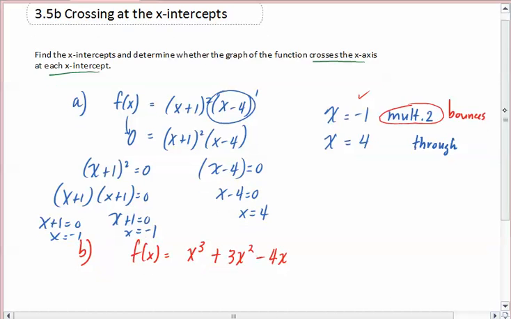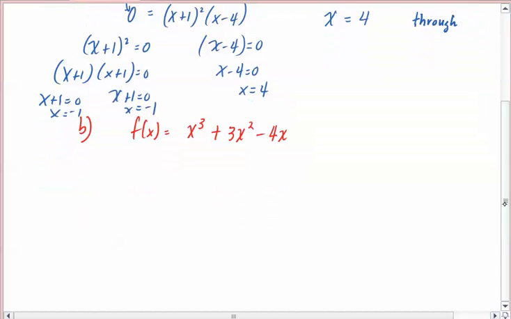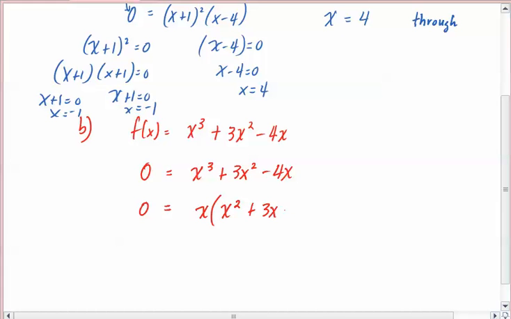Alright, so there's the blue one. Let's go on to the next one here. It says to find the x-intercept first. So again, I'm going to make the y 0. Now this is not quadratic, so I can't just factor it, like reverse FOIL or whatever, but I do notice that I can factor it. So I'm going to go ahead and pull out the common x. That's always the first thing to ask: can I pull out a greatest common factor?